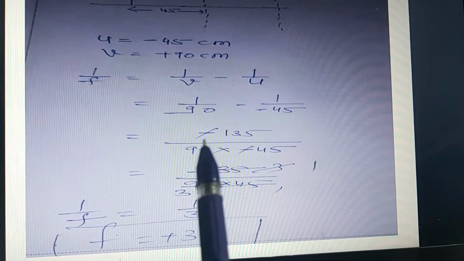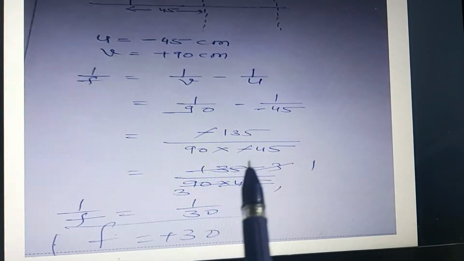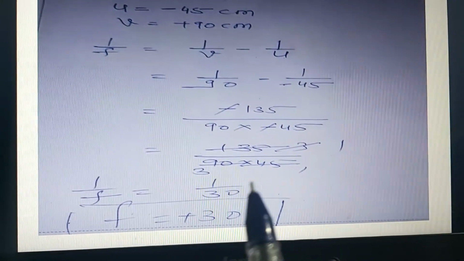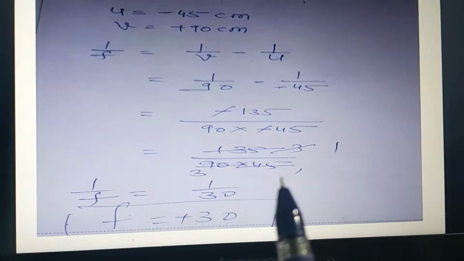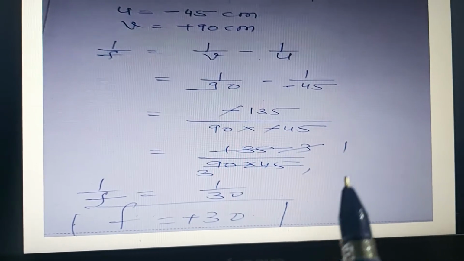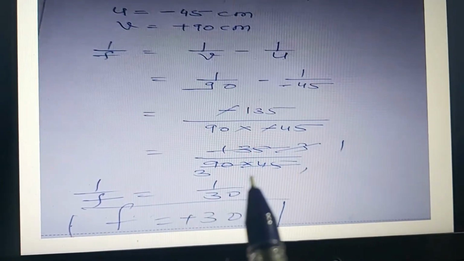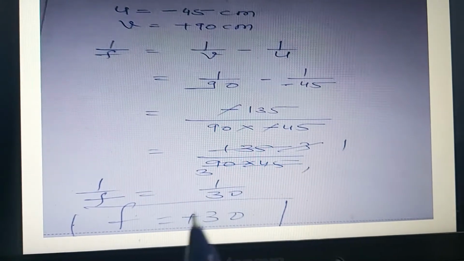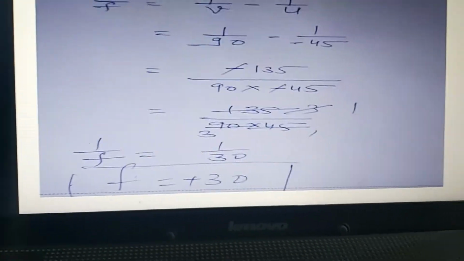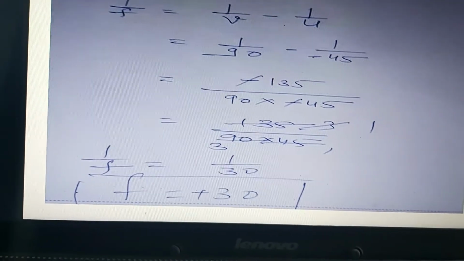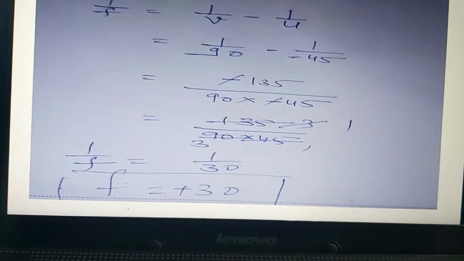So it will be 135 divided by 90 into 45. The minus will be cancelled. Cutting them, 45 ones are 45, 45 threes are 135, and 3 threes are 9 and 0. So 1 by 30 is the answer, and if we take the reciprocal, the focal length will be plus 30.